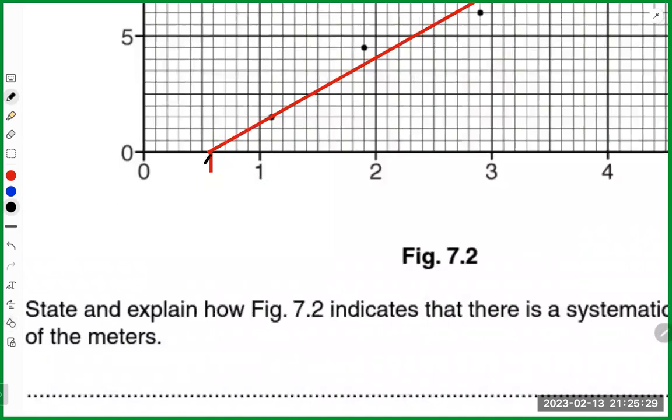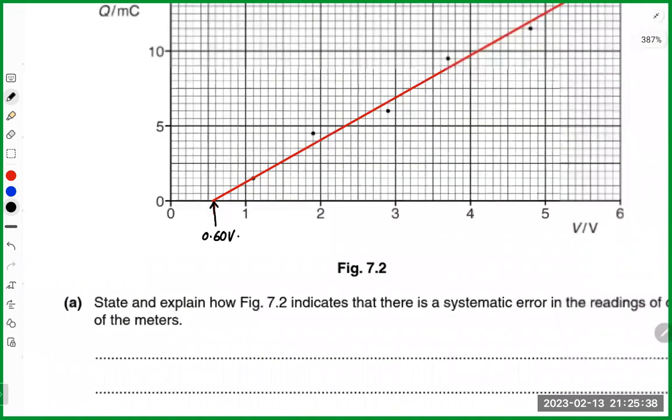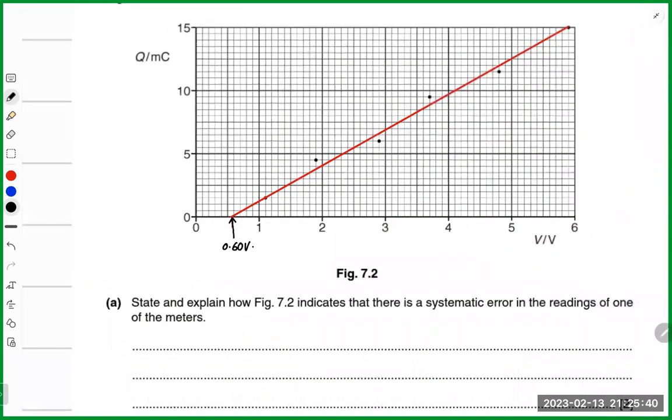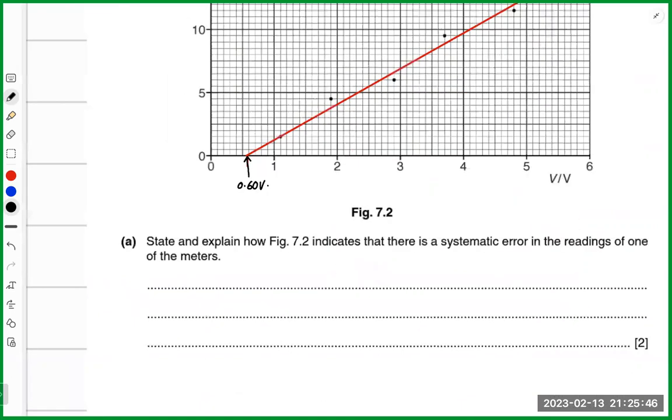This is where the line intersects the x-axis. So it is 0.60 volt. Actually, when there is no charge, potential difference should be zero, but it is not.